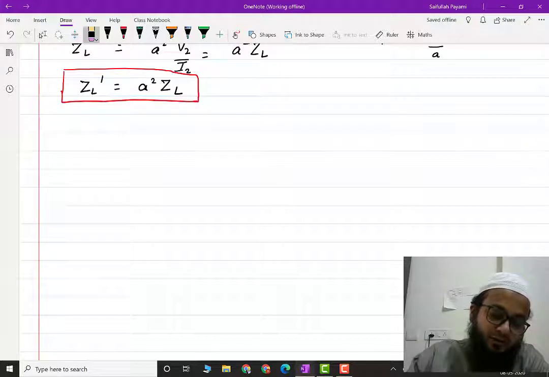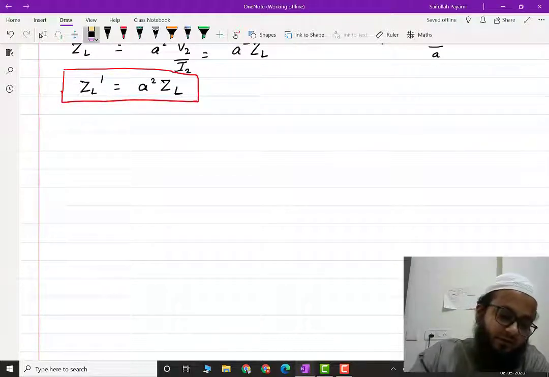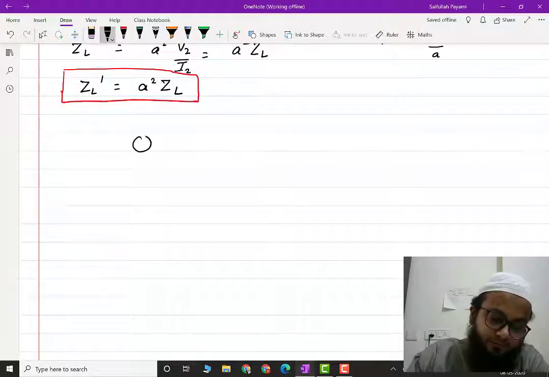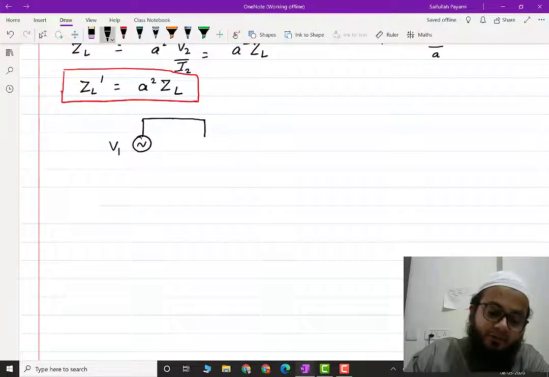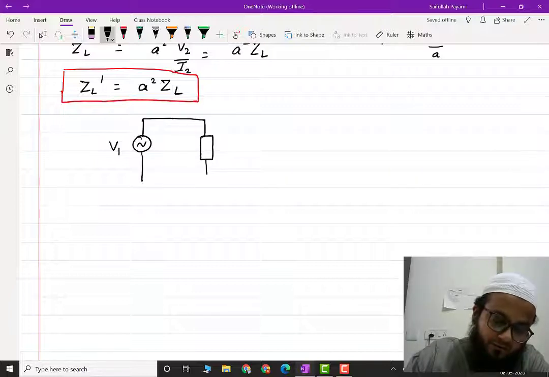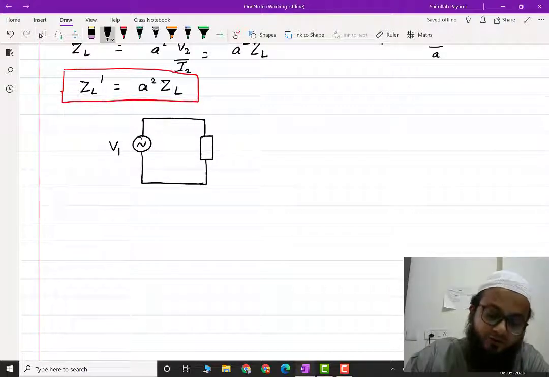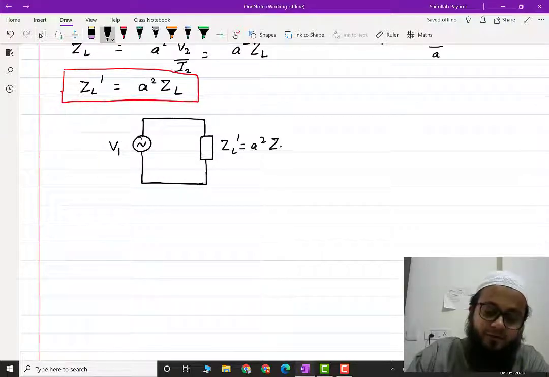If I represent it, with the voltage V1 there, the impedance the primary side will observe, ZL dash, is A square times ZL.